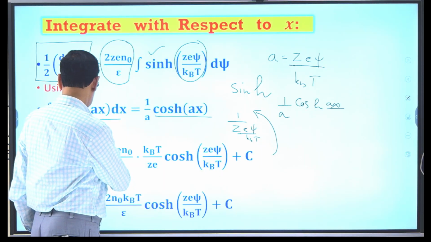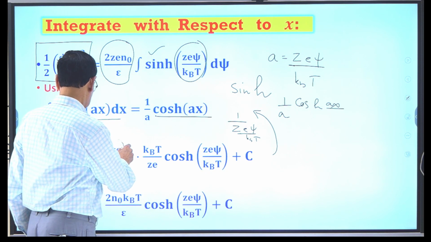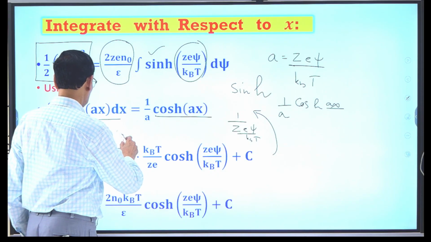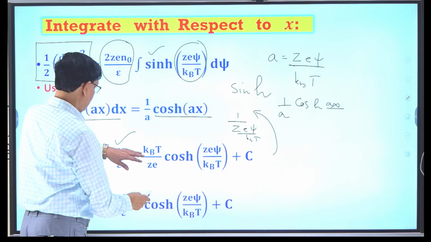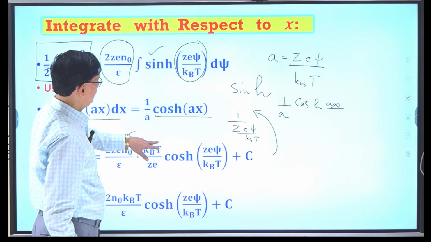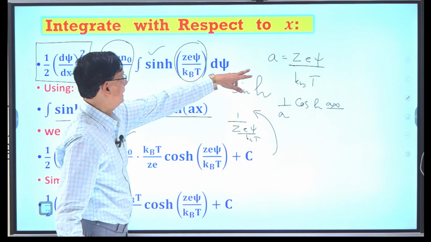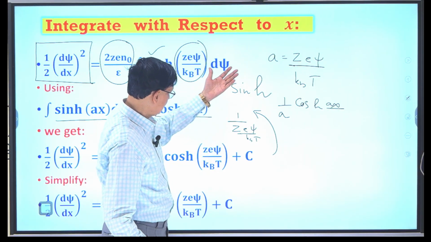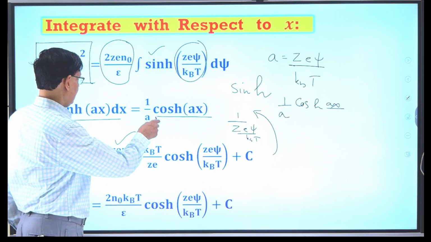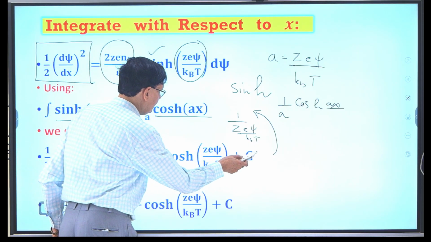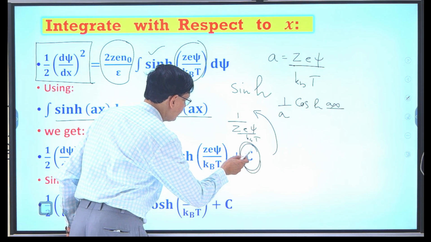So I am getting half, you see here 2z, ये तो कांस्टेंट है. kbt ऊपर कैसे चला गया आपने समझे, 1 by a means zeψ, तो ये ऊपर चला गया एंड साइन की जगह में ये cos हो गया एंड देन देयर इज इंटीग्रेशन कांस्टेंट, so there is no limit.